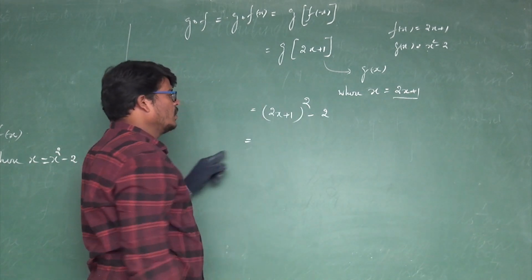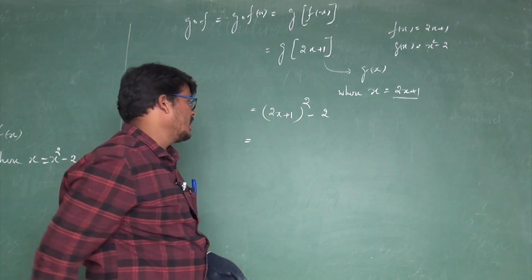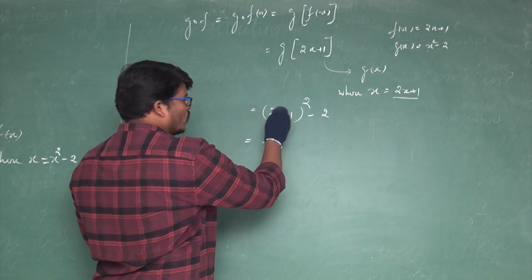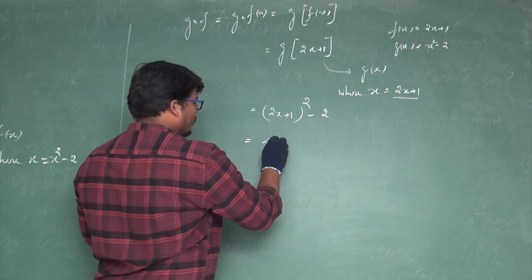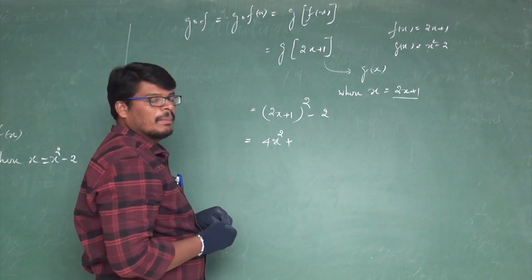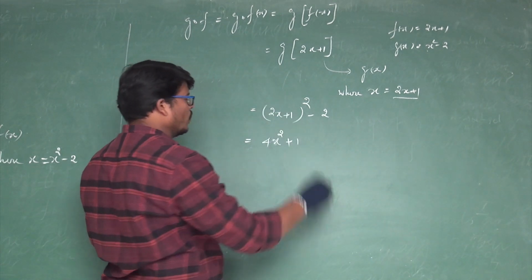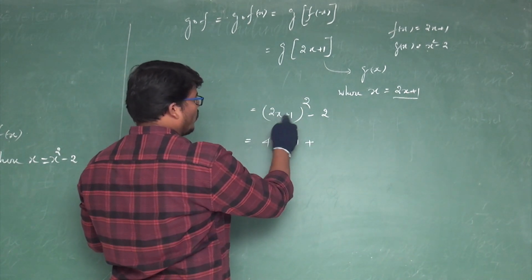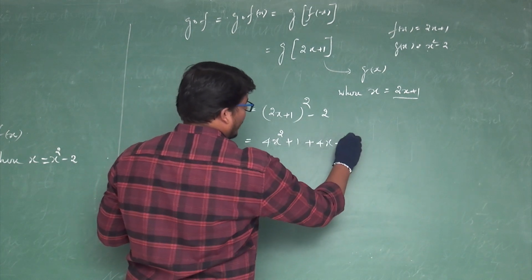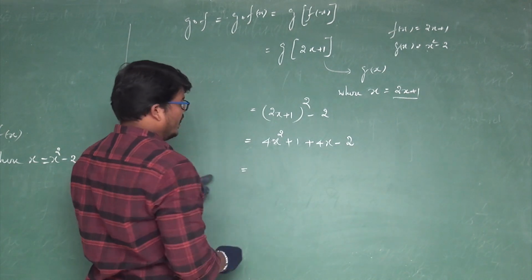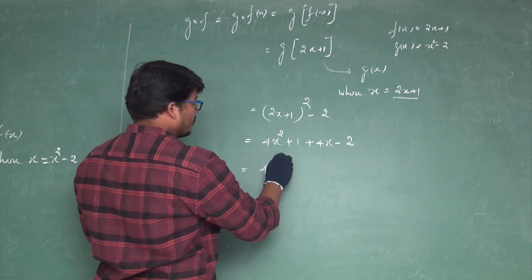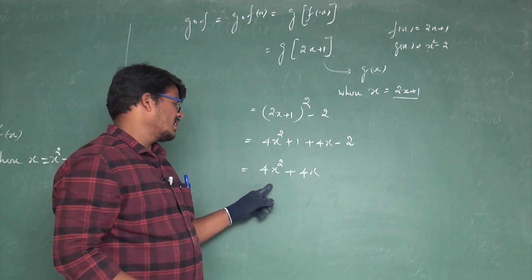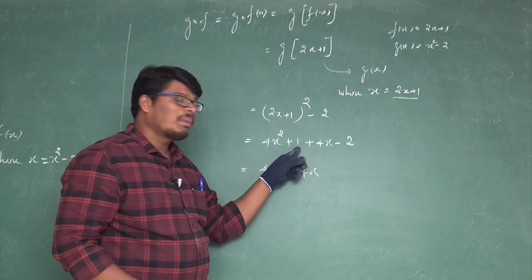Now expand (2x + 1)² using the (a + b)² expansion. a² is (2x)², which is 4x². b is 1, so b² is 1, plus 2ab, which is 4x. So 4x² + 4x + 1 − 2.